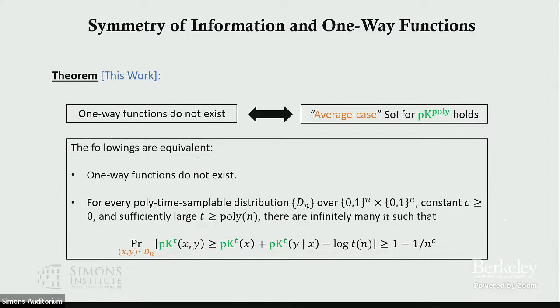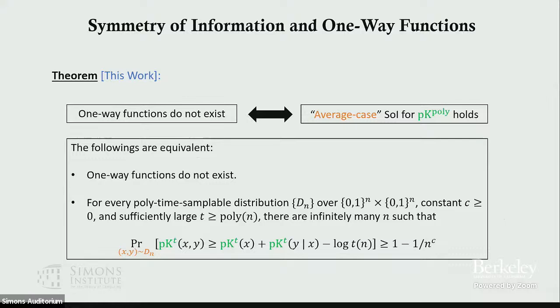Now let me state our results more formally. We show that one-way functions do not exist if and only if average case symmetry of information for rKquasipoly holds.